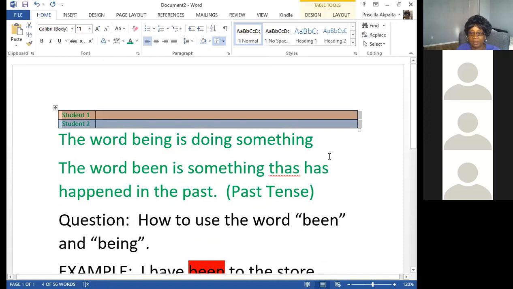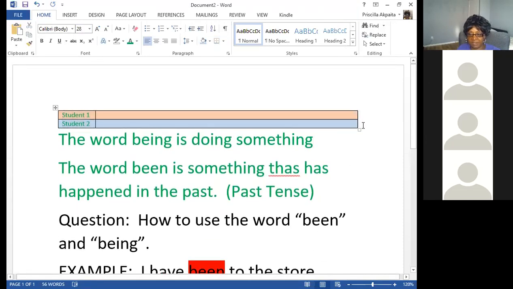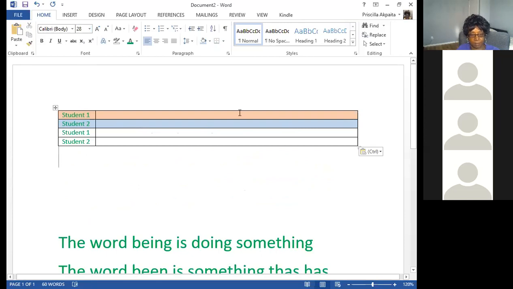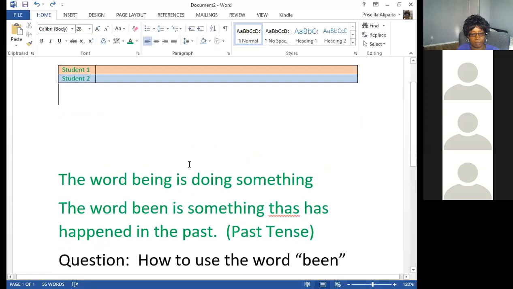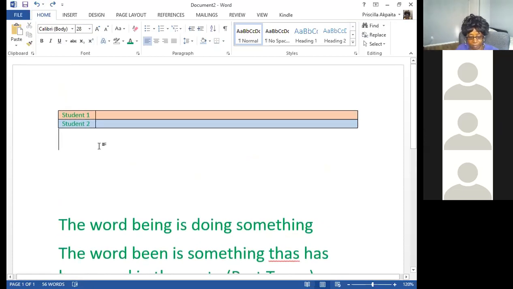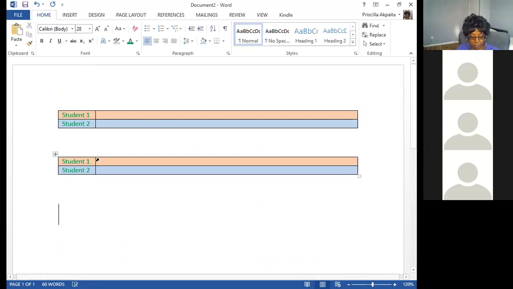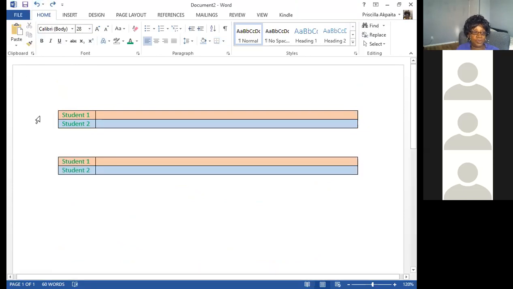Control C. But Miss Priscilla, I want to say one thing. Yes, what is the one thing? You say been is for the past tense. Why do we use been? Instead of it, we can change the verb to the past. For example, I had, not use been, just change the verb for the past. Okay, that may be true.